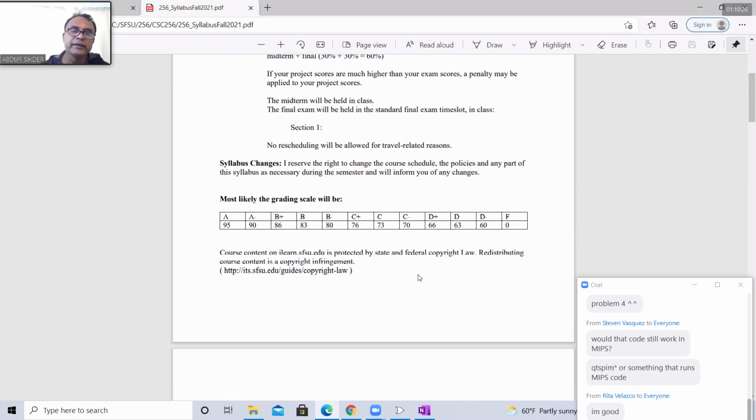And you know the grading, you've got to get 95 to get an A, 90 A minus, B plus 86, B 83, B minus 80, C plus 76. After that, those grades don't count for much because if you want to use this as a prerequisite for the advanced course, I think they need C plus or C. So you need to try to get better grades, okay?